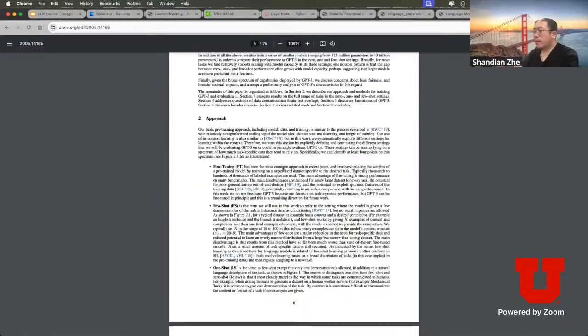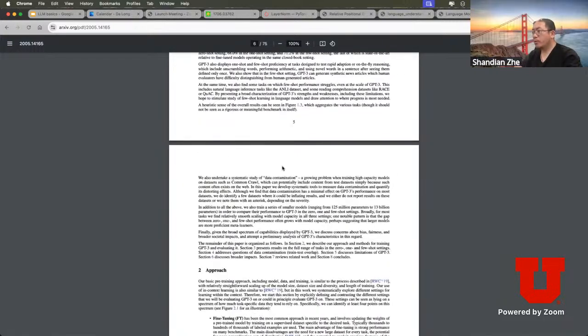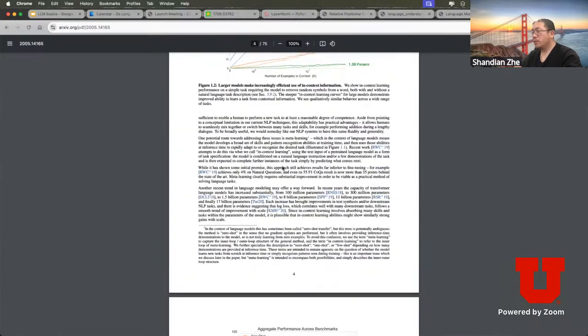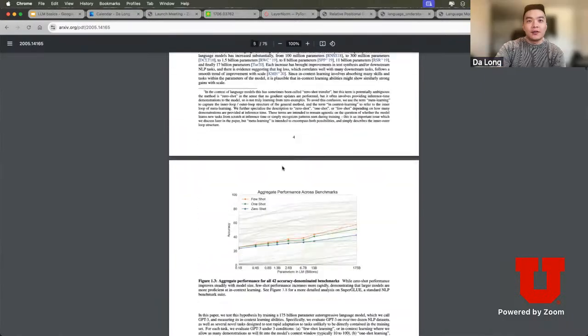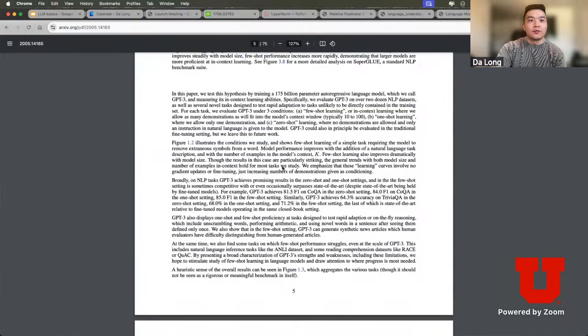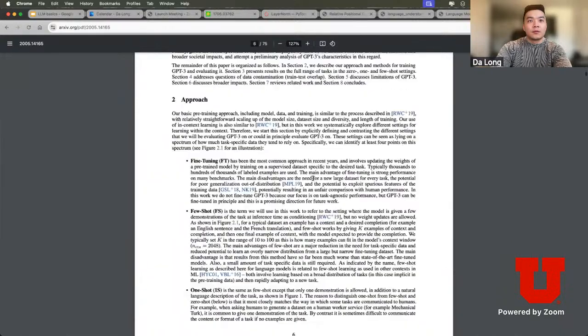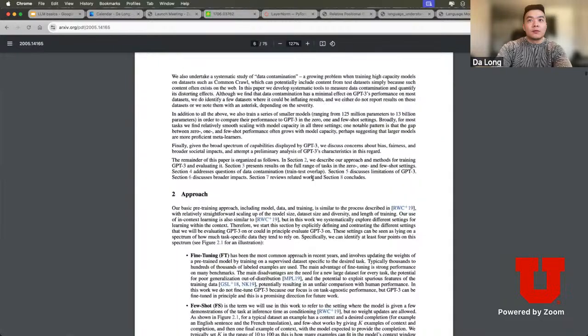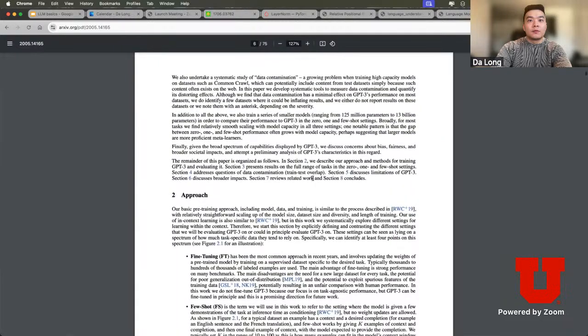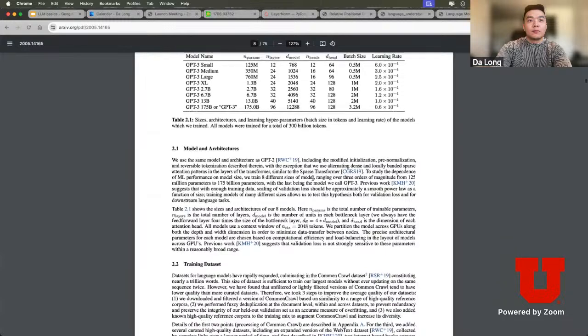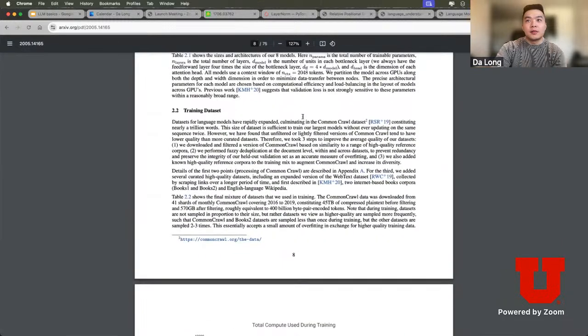Are they trained on the same data, or did they also enlarge the data set? I think they should have enlarged that.